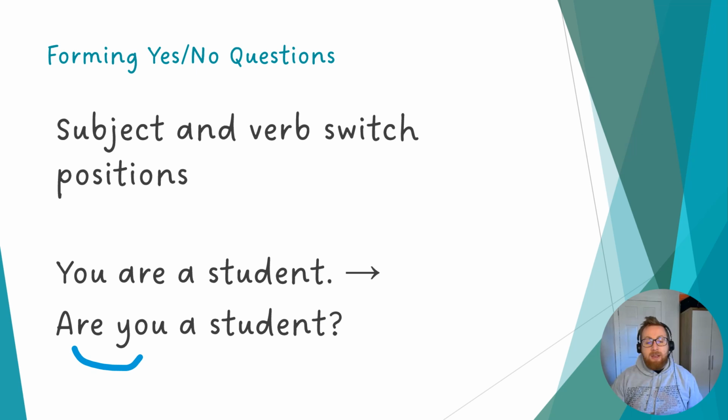So as we say, when we're forming the question, the subject and the verb switch places. And we can see this here. You are a student becomes are you a student? This is a great way for us to ask this question and to get a yes/no answer back.